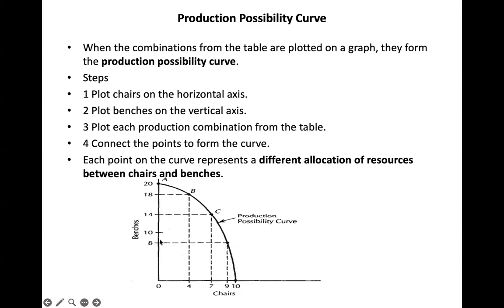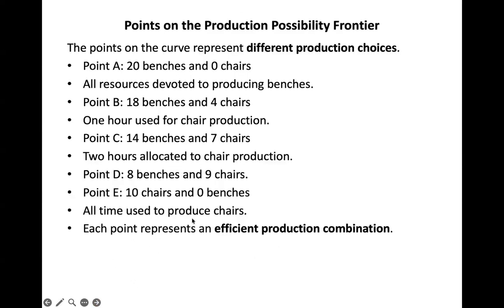Then point D: 8 benches, 9 chairs. Then point F: 0 benches, 10 chairs. So the points on this curve represent a different allocation of what? Resources between chairs and benches. Any question?